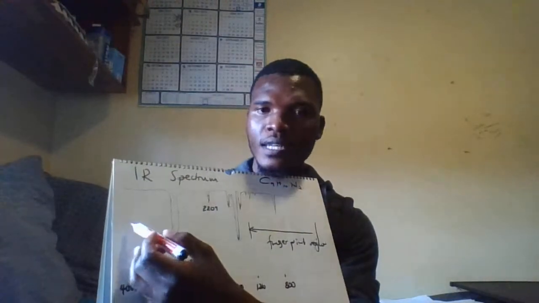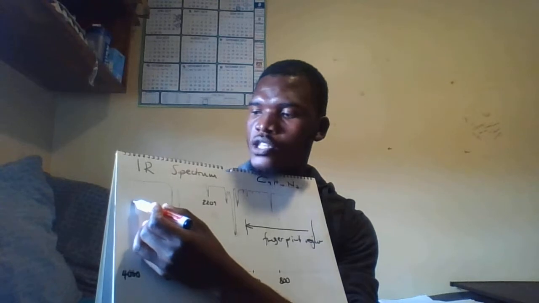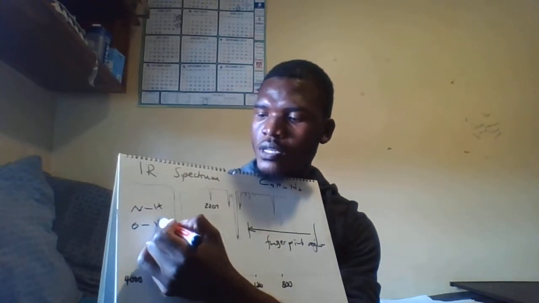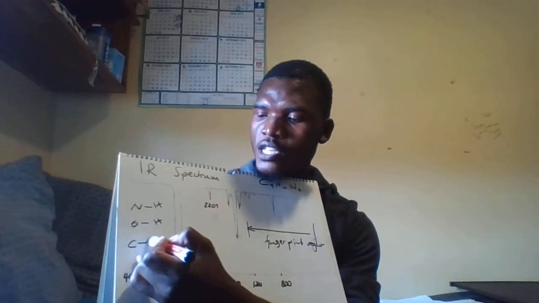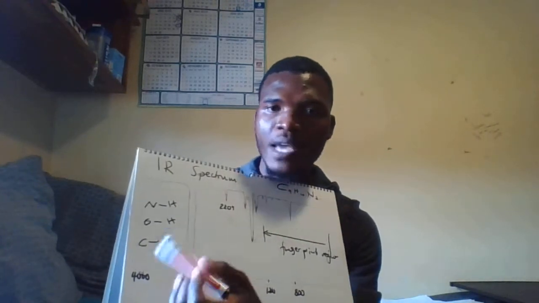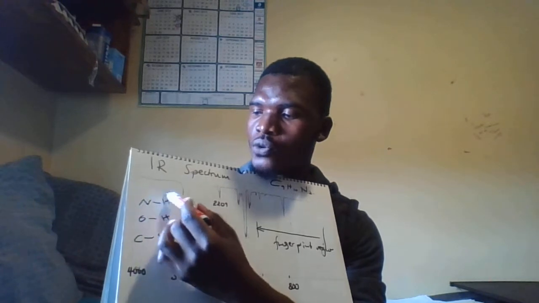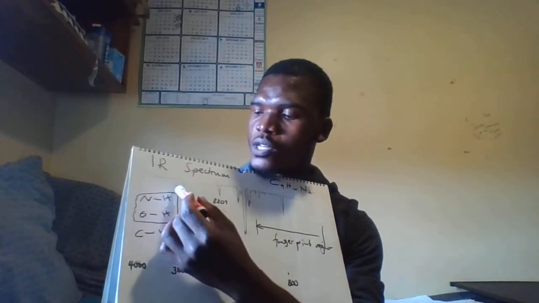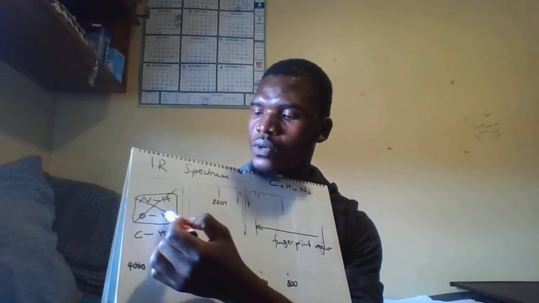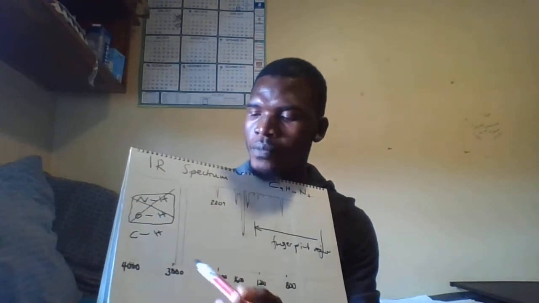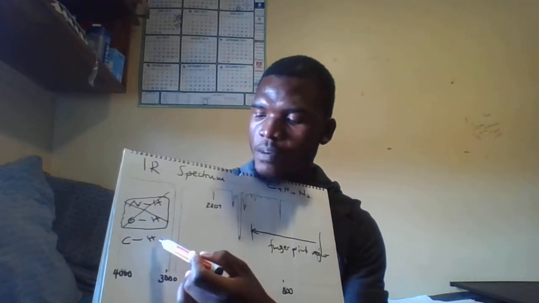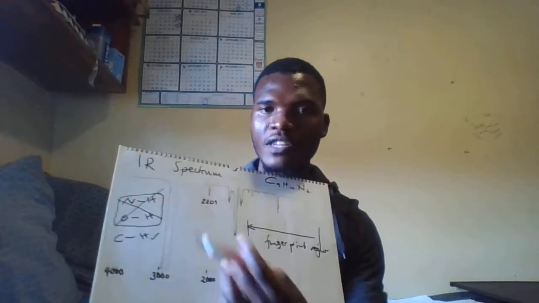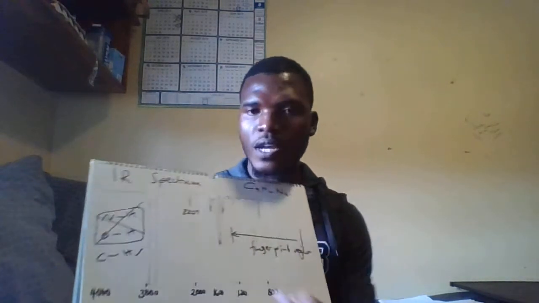You expect the NH, the OH, and the CH. But in this case, I made it clear that the first two here, you cannot consider these two. Okay? So probably the one that I'll give the benefit of the doubt is the CH. So I'll consider that I have a CH stretch for this particular peak.